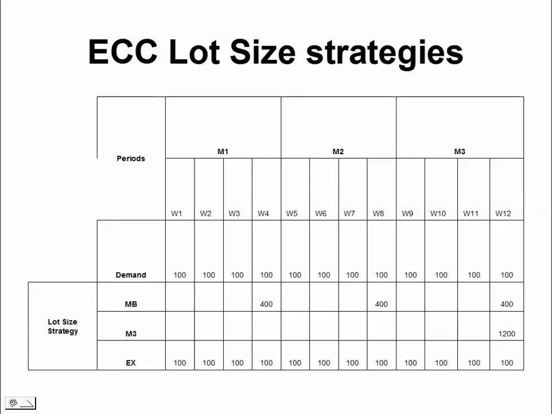So let's say we have 3 months demand, and each month is divided into 4 weeks. So we have demands in 4 weeks, 100, 100, 100 and 100. So each month we have 400 quantity demand, and each week we have 100 quantity demand. So if we choose the lot size strategy MB in ECC, there will be monthly receipt element for each month.